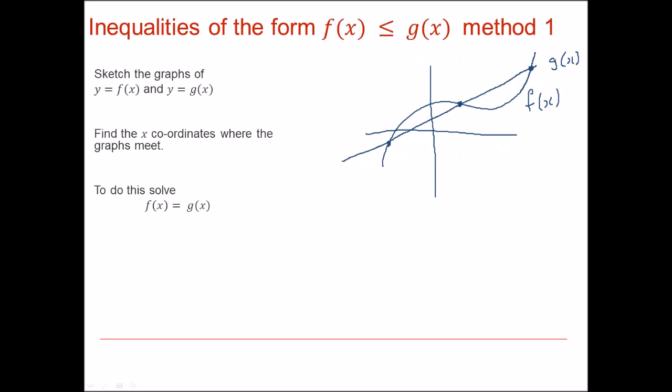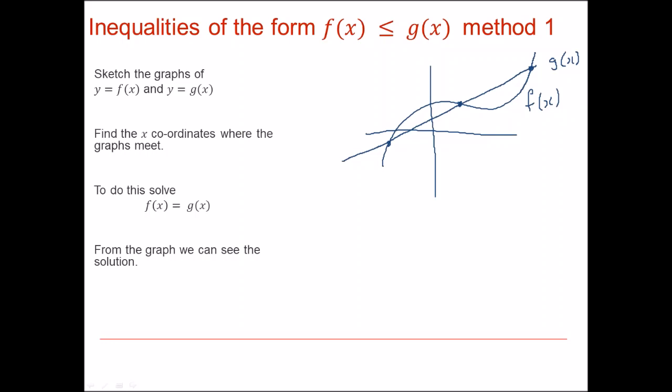So we would solve the equation f of x is equal to g of x. Having done that, we have what we call the critical values where things are going to change, so we can then see the solution. If we're looking for f of x less than or equal to g of x, we want the curve as I've drawn it here to be below the straight line.